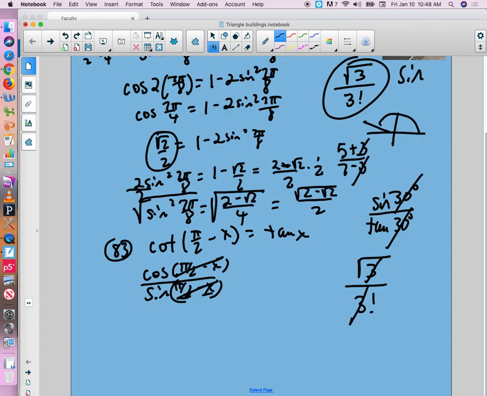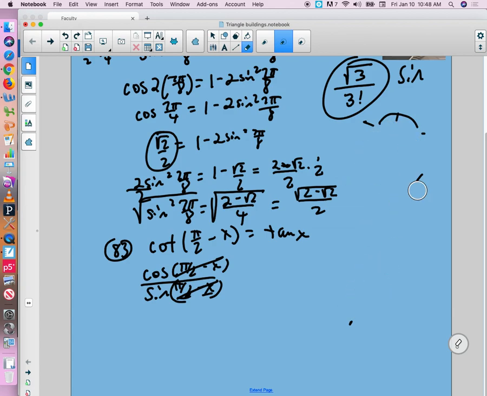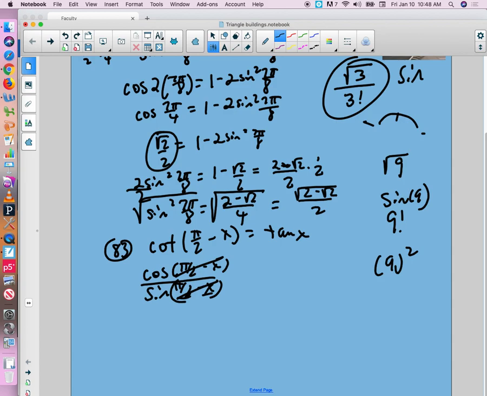Well, I didn't know, because it's like multiplication. It's not multiplication, it's of. For instance, I have the square root of 9, or the sine of 9, or 9 factorial, or 9 squared. These are all math symbols. This is not multiplication.